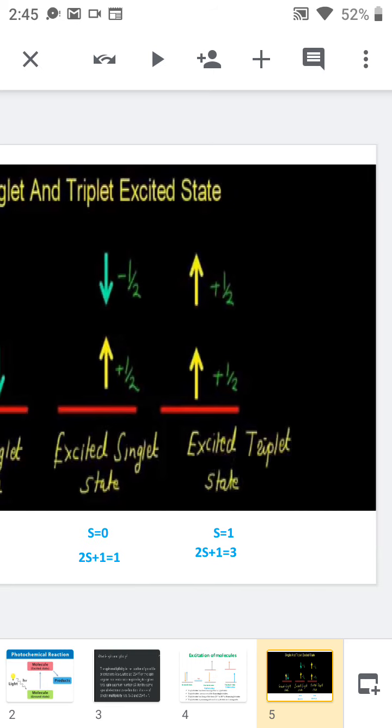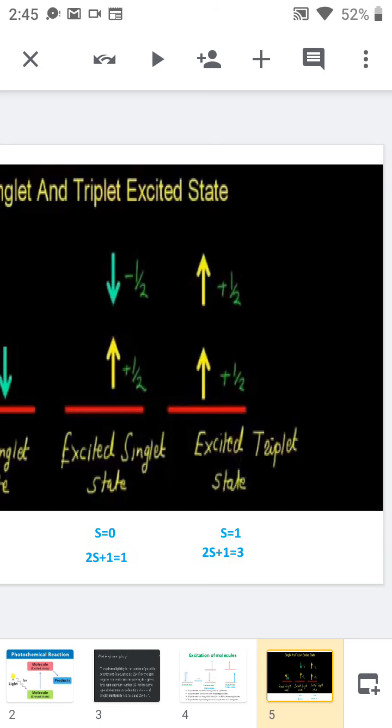Whereas in the triplet state, the spin of the electron is changed. So the spin quantum number S is equal to plus half plus half, that's why this S is equal to 1. And if we apply the spin quantum number in the triplet state, 2S, that is 2 into 1 plus 1, that's equal to 3.